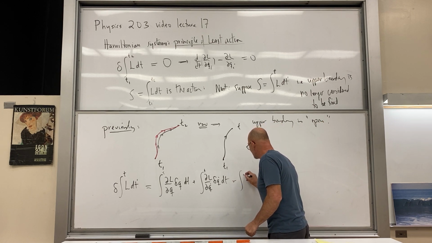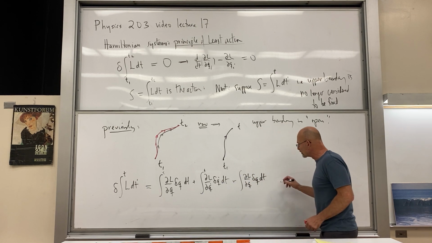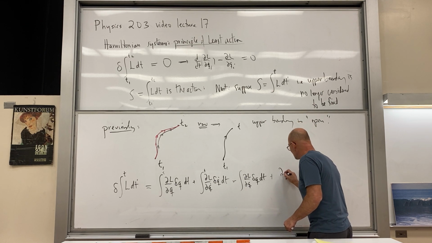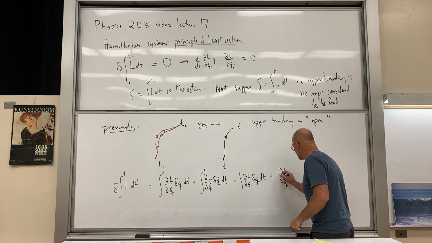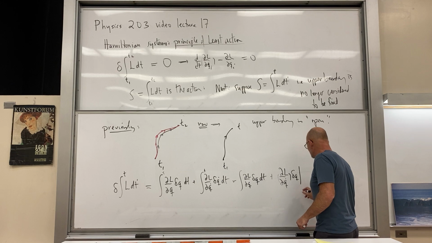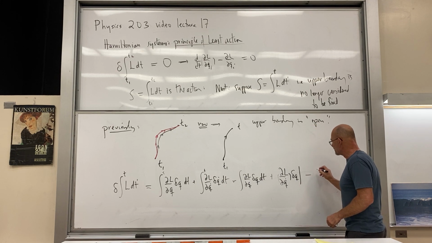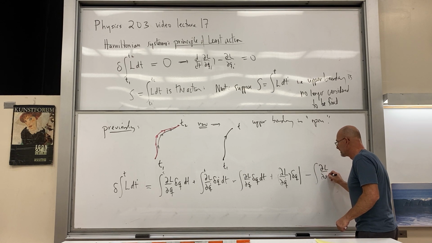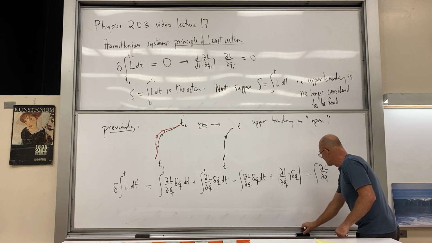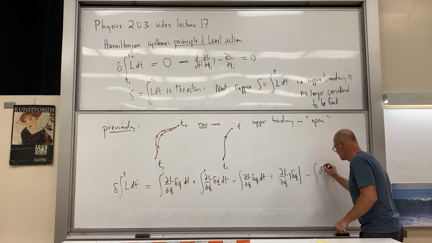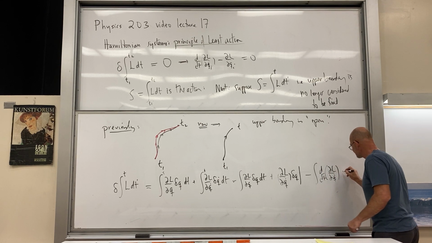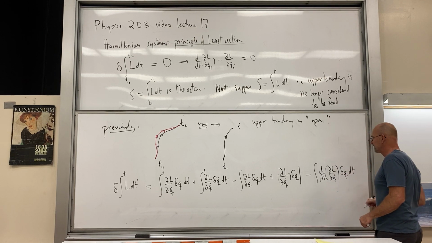So we have that first one, ∂L/∂q δq, and the second one, we do an integration by parts: ∂L/∂q̇ δq from the upper and lower bound, and then minus the integral of d/dt of ∂L/∂q̇ times δq dt.